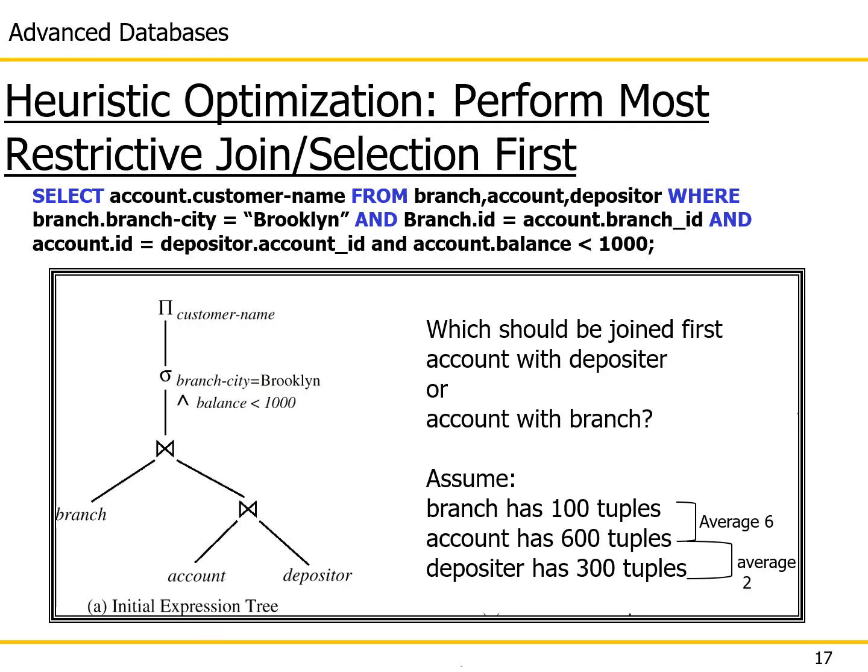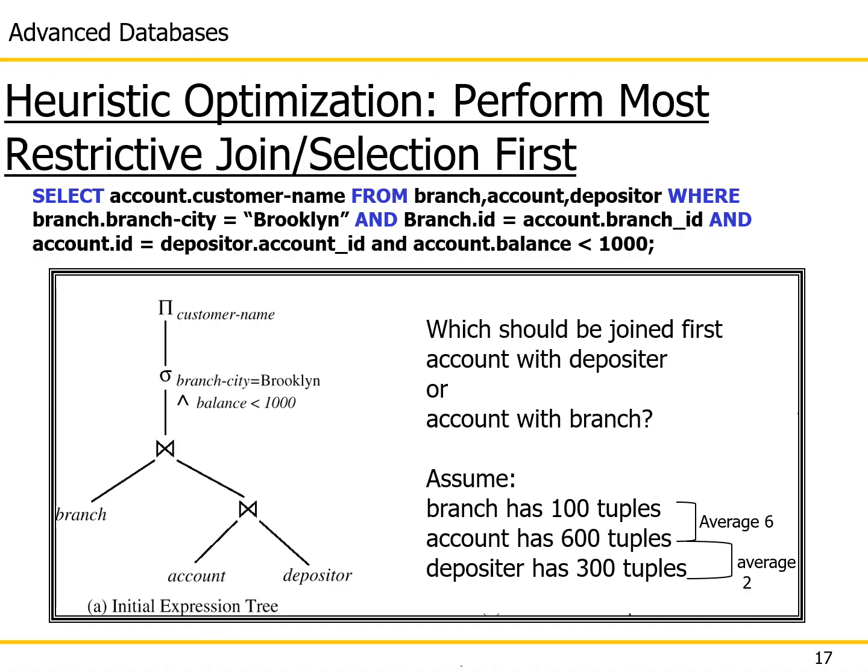So if we work out our averages, again I'm assuming here that the tables are connected in a balanced way to each other. So if branch and account have a common column, foreign primary thing, then my assumption is that when I join branch and account, I should get 6 rows. In other words, again, every branch has 6 accounts.